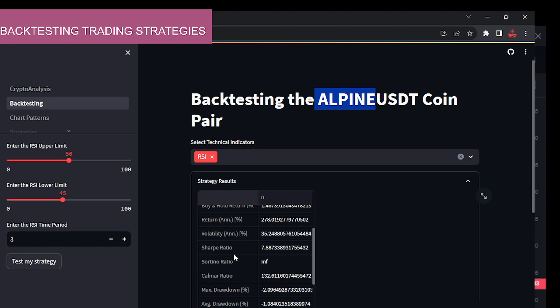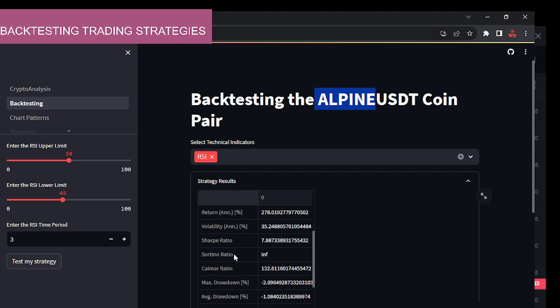In this case, we are considering the positive and the negative returns and their volatilities. So that's how the Sharpe ratio is. You can also read more on the Sharpe ratio, but generally it's the ratio between the return and the total volatility.